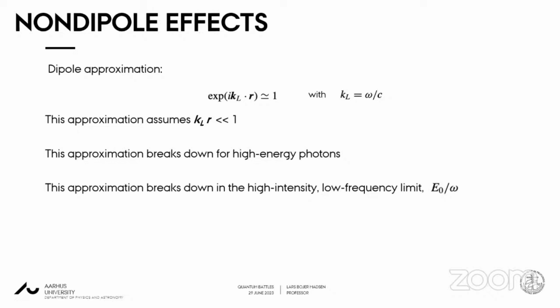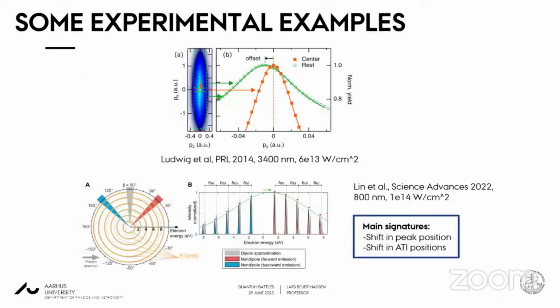And just to motivate that this is not something that I cooked up in a theory mind, I show you here two experimental signatures of this kind of effect, and they are representative of a large body of experiments that have come out in recent years. This one here was the first one. You see rather long wavelengths. And here you have the photoelectron momentum distribution, the PMD. This here is the laser propagation direction.